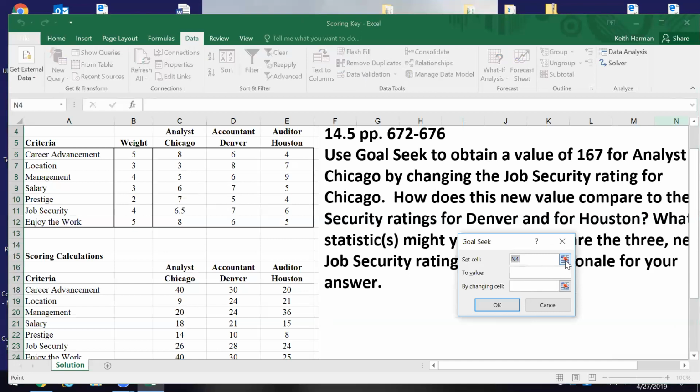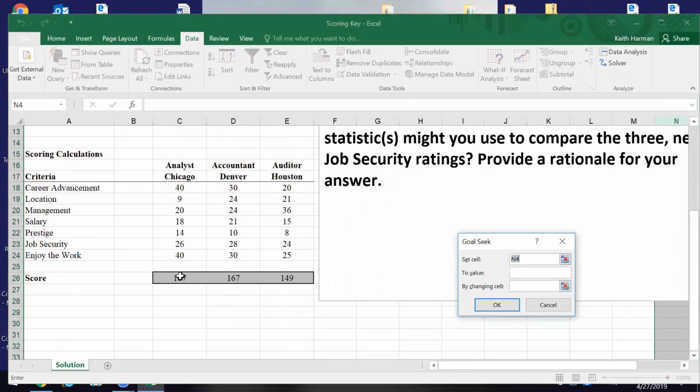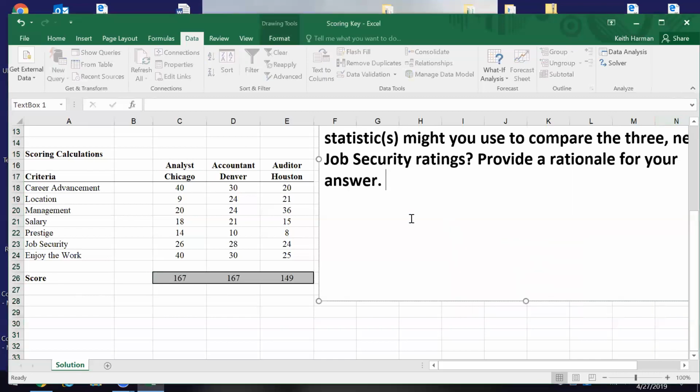So we're going to set cell, set the unit, we'll find it over here. There it is. To a value of 167. Okay. And we're going to change the cell. Let's just write these down here real quickly.